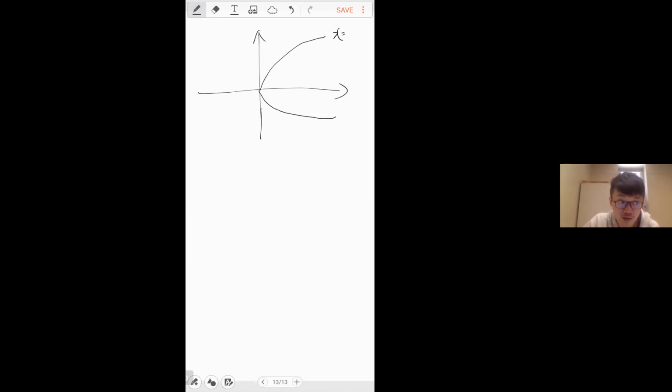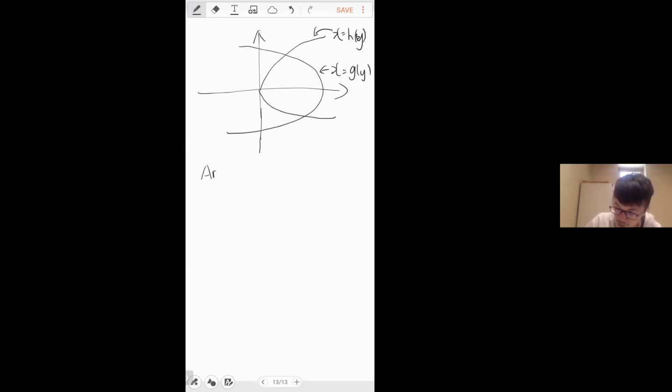In this case, I have x in terms of y. So let's say x equals h of y. Then let's say I have another function, x equals g of y. And I want to find out what is the area between these two curves.